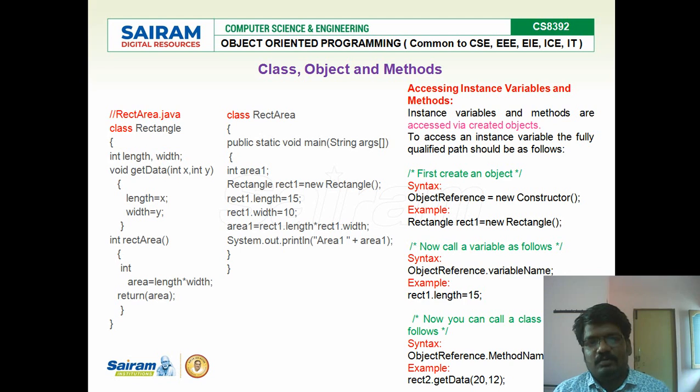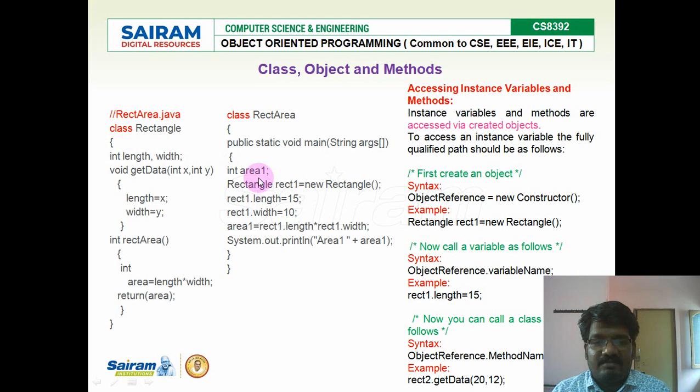That is what is shown again over here. Class Rectangle has instance variables length and breadth, and getData and rectArea are the two methods inside the class Rectangle. Here is another class, RectArea. Inside this class I'm defining public static void main and creating the object rect1 of the Rectangle class by using the new keyword and the constructor.